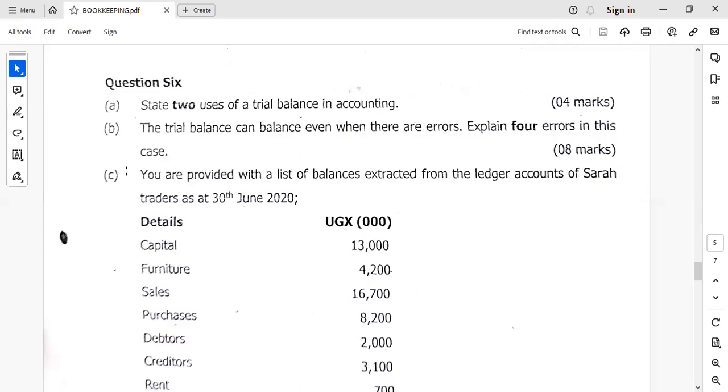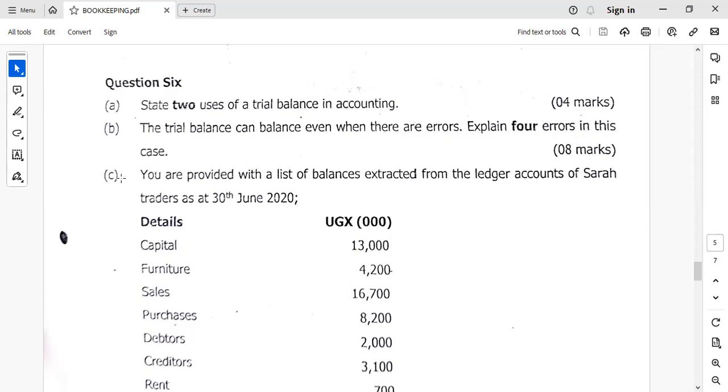Your trial balance will still agree if all those errors are made.